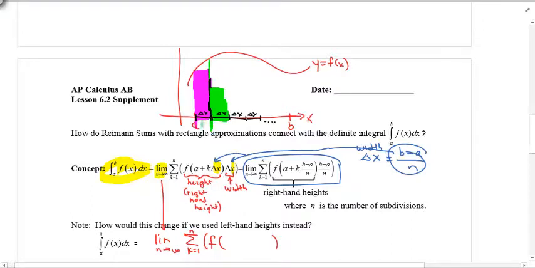So not a plus 2 delta x's, but just a plus delta x. So it's always one less value of k. So I can still start at a, but instead of having k, I would have one less of them times delta x. And the width, of course, is delta x.